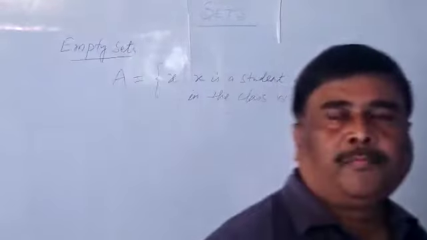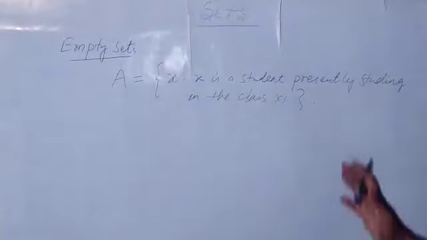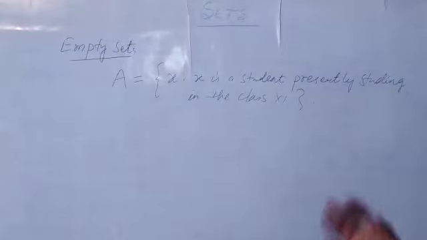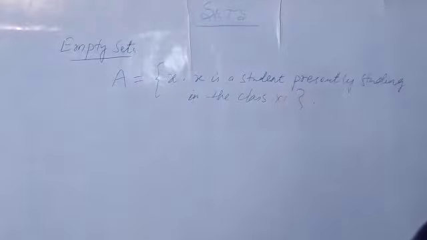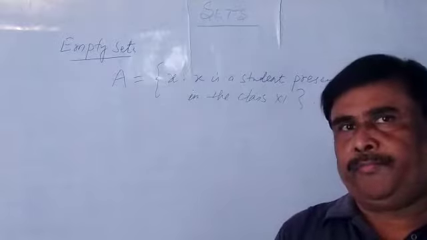It means if we go to the school and count the number of students presently studying in that particular school, then obviously it is a natural number.